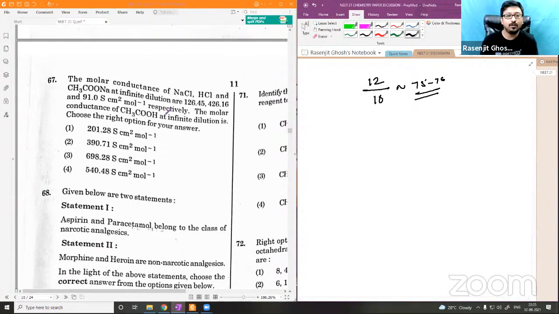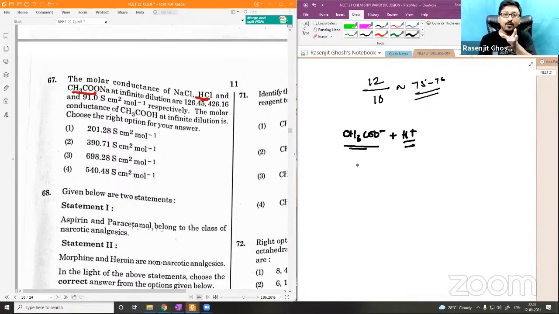First of all, we have to calculate the infinite dilution molar conductance for acetic acid, right? So I'm not writing the full formula, I'm just writing CH3COO minus plus H plus. This one you can derive from sodium acetate and this H plus you can derive from hydrochloric acid.